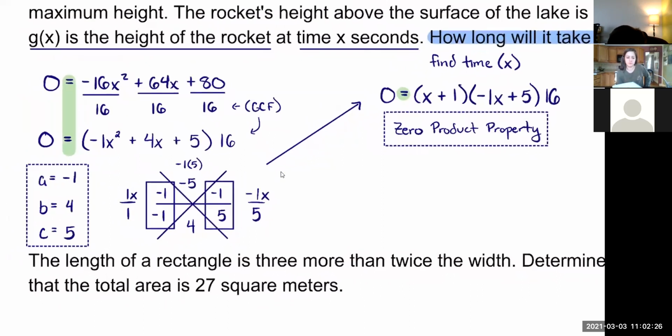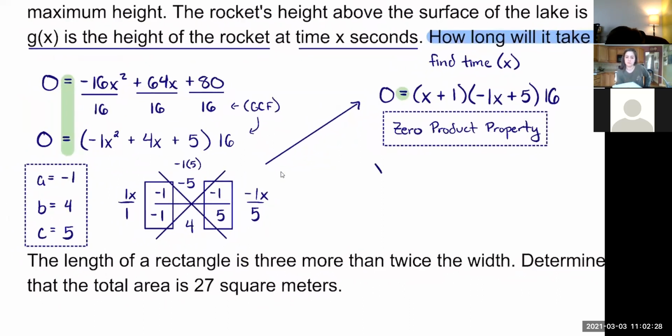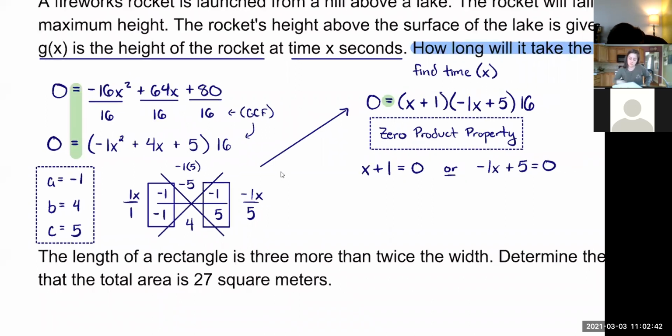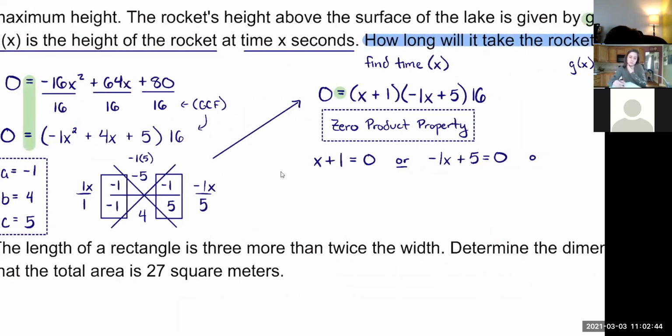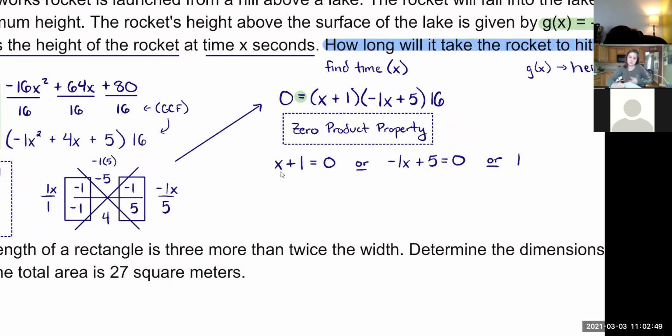So either x plus 1 equals 0, or -1x plus 5 equals 0, or 16 equals 0.